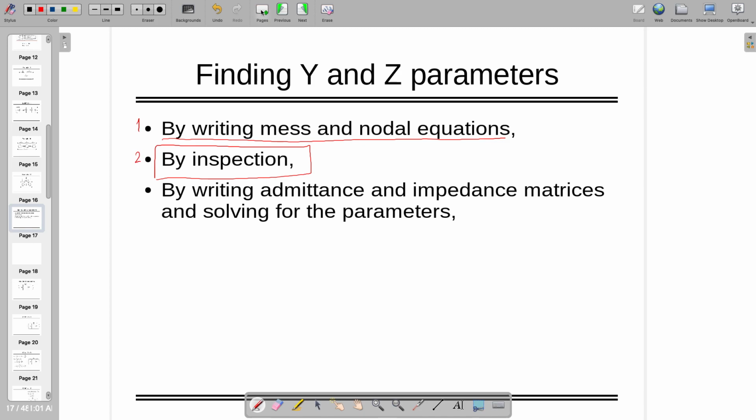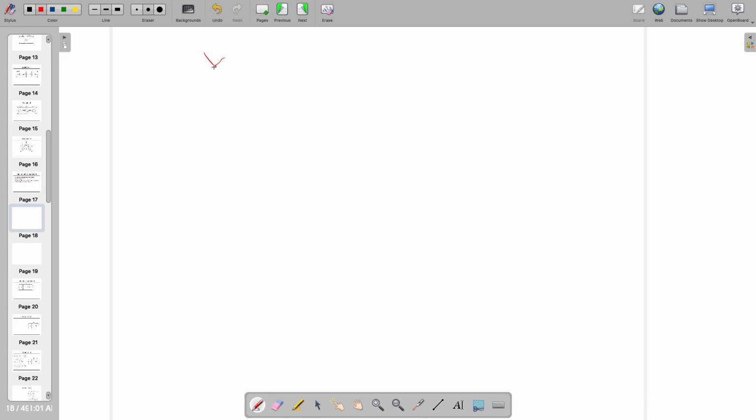So there is one more thing. Let's revisit Y and Z parameters. Do we know the other names of Y and Z parameters? One of the parameters is known as the open circuit parameter, and one is known as the short circuit parameter. Can you tell me which one is open and which one is short?